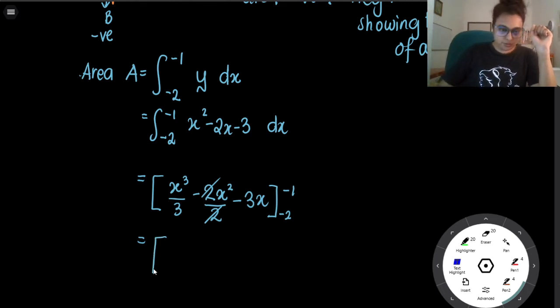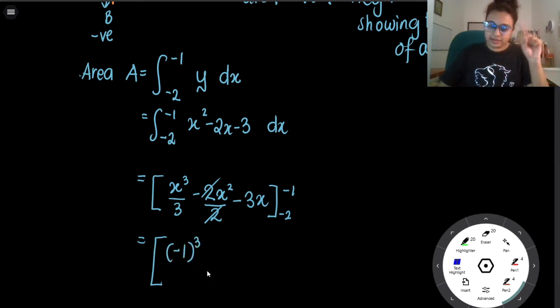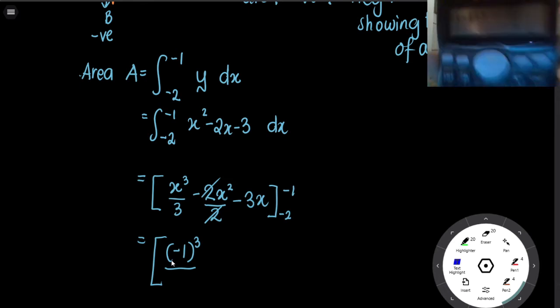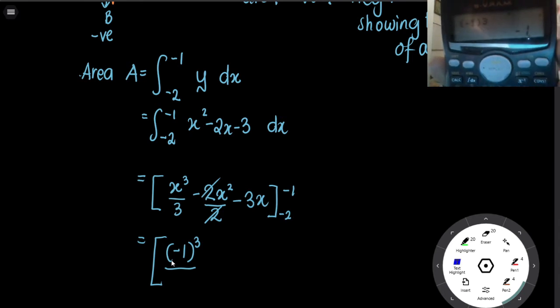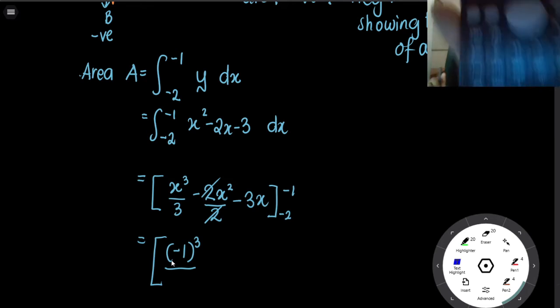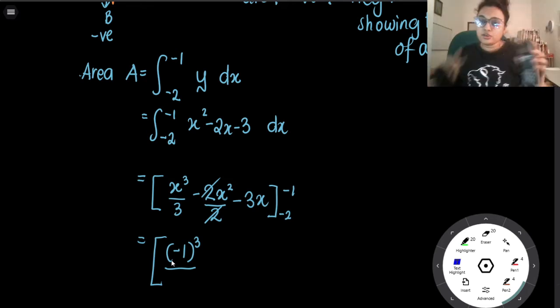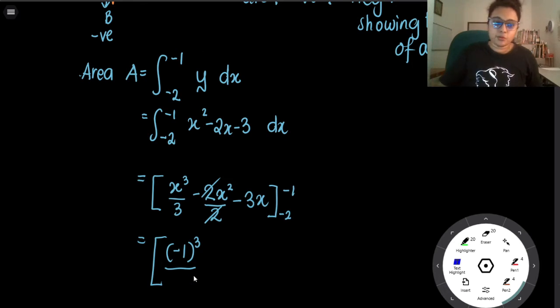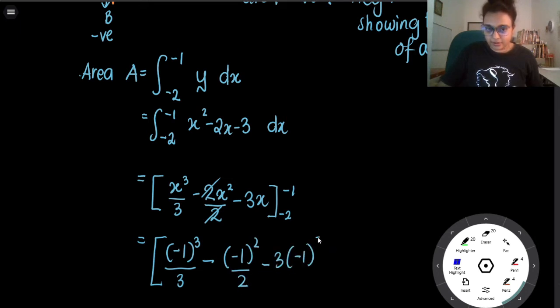First step, remember to always put the bracket. -1 bracket power of 3. Don't just put -1 power of 3. You can see the difference in your calculator. -1 power of 3 with bracket, you get -1. -1 without bracket, also you get -1. You might have problem when it comes to the second part here, -1 square. If you don't put the bracket, what's going to happen?